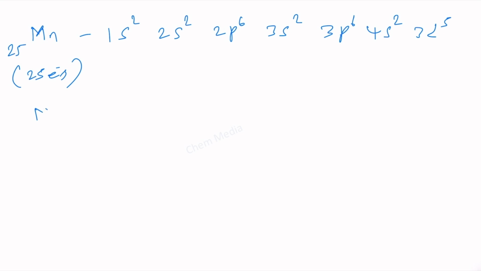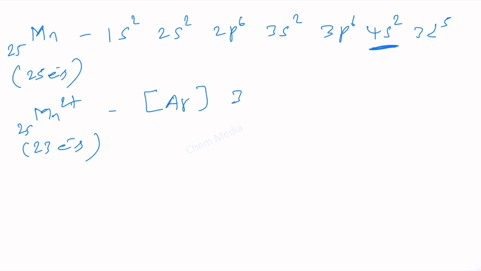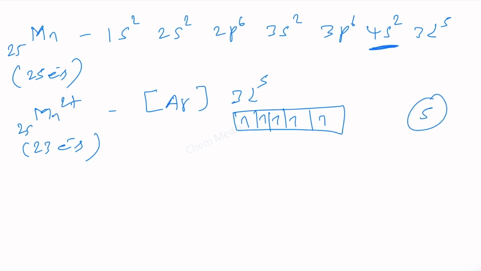Now, when it becomes Mn2+, it will have 23 electrons. Therefore, once again the 4s2 electrons should be removed. That means for Mn2+ the electronic configuration will be simply argon and 3d5. Once again we have 5 unpaired electrons. The number of unpaired electrons for Mn2+ is also 5.